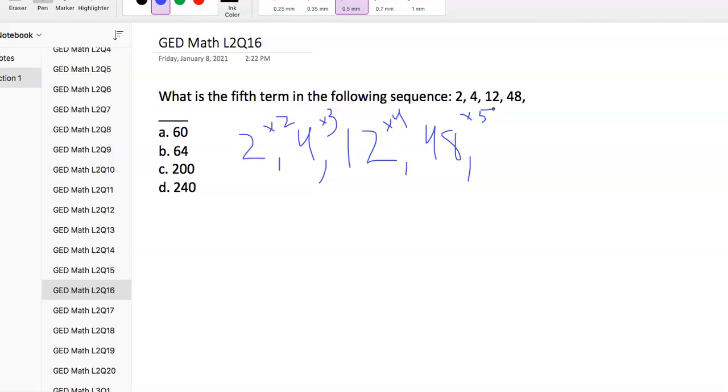And if we go 48 times 5, we get 240. Then I look down there, answer choice D, looks good, and there we go. So that is one of the most common patterns, multiplying by one more each successive number. So times 2, times 3, times 4, times 5 is the pattern for this one.